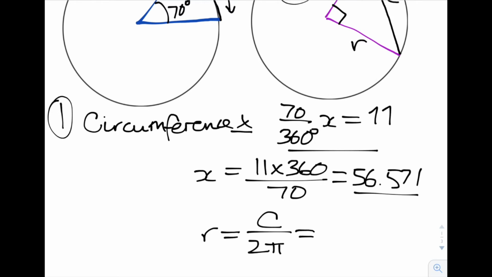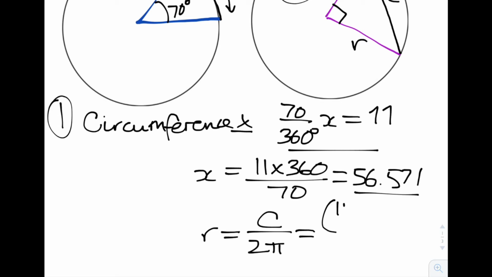You can either use the pi button on your calculator, or if your calculator does not have a pi button, you can take 22 divided by 7 as pi. So we have this whole thing, 11 multiplied by 360 divided by 70, or you could just use 56.571.